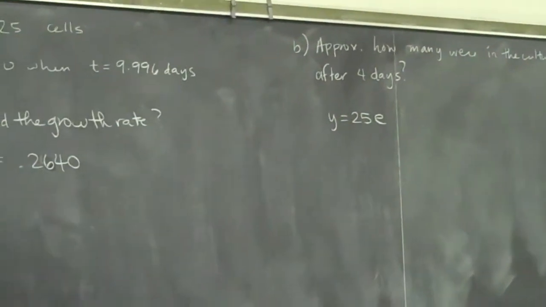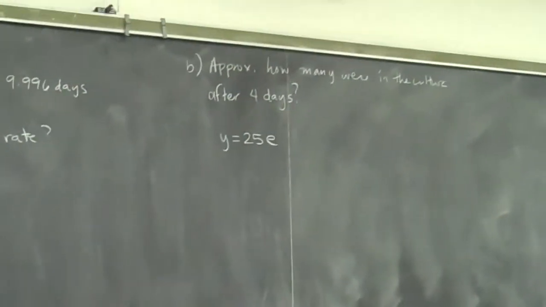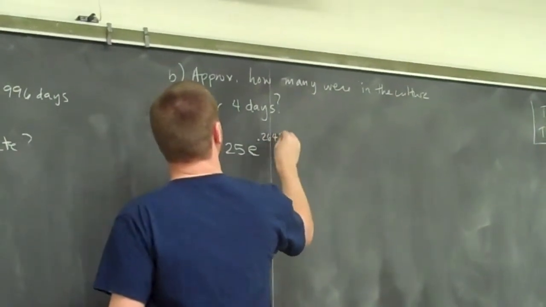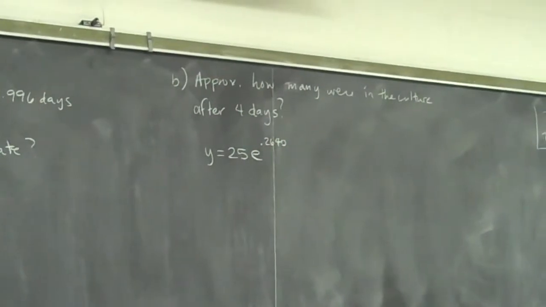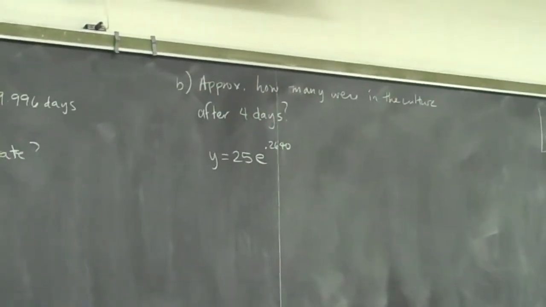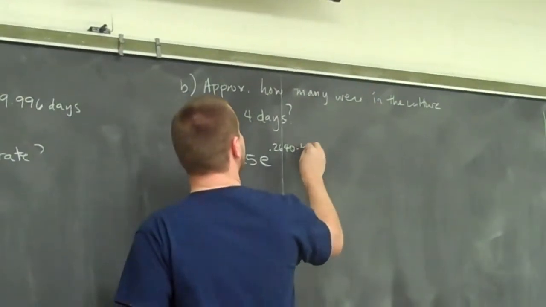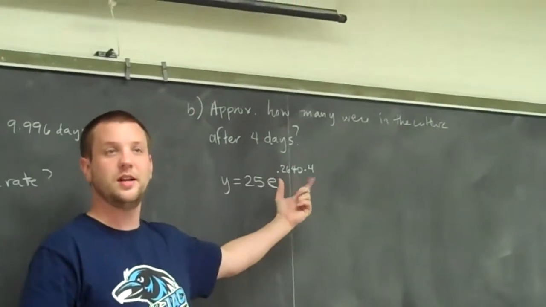We just found previously that k equaled this 0.264-ish. And do we have a t that we can plug in now? 4, right? So we'll multiply the k times the 4, and this is all arithmetic that the calculator does, right?